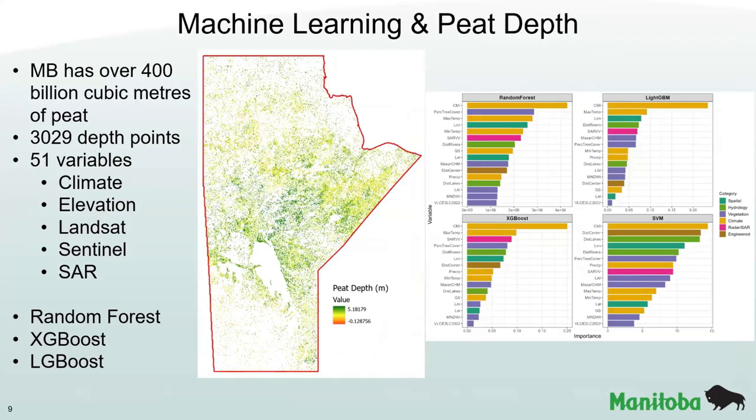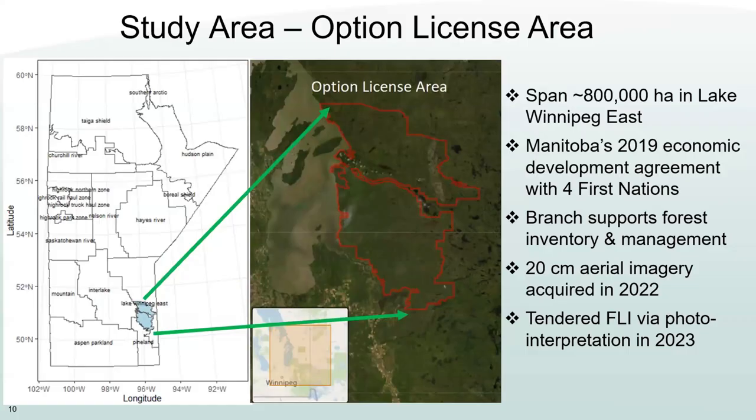We've also tried a similar approach to quantify peat depth in the province. But in addition to random forest, we've used some other models, XGBoost and LightGBM. We won't talk too much about that, but Paul's undertaken that work along with our peat specialist, Lee Fedorchuk. The study area we wanted to focus on today was what we used to call the option license area.